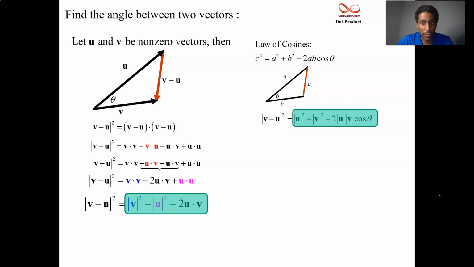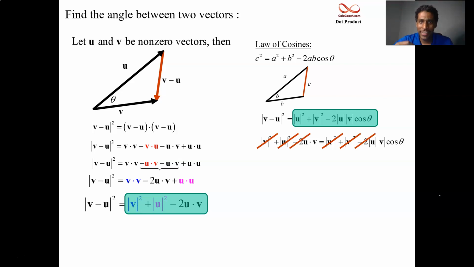And so those two things must then be equal to each other. Well, both of these have the magnitude of u squared and the magnitude of v squared. After you get rid of those, you're left with the -2 that's on both sides of the equals. So let's get rid of that. And there we have our statement.